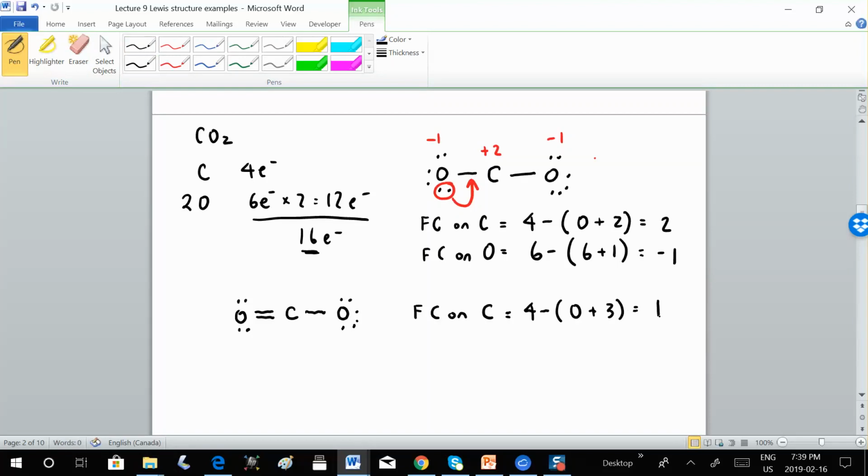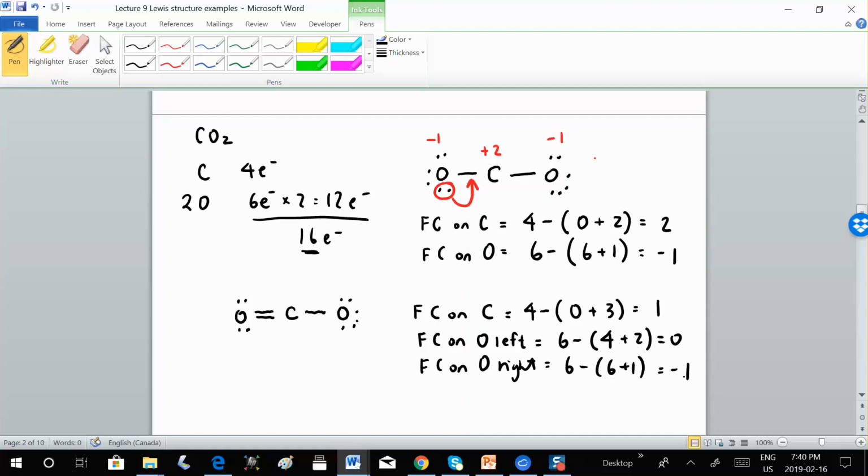So this is slightly better. Instead of 2, it's now 1. Formal charge on oxygen on the left is equal to 6 minus 4 plus 2, which is 0. So this is clearly better. It used to be minus 1 in the first try. Oxygen on the right is still minus 1.